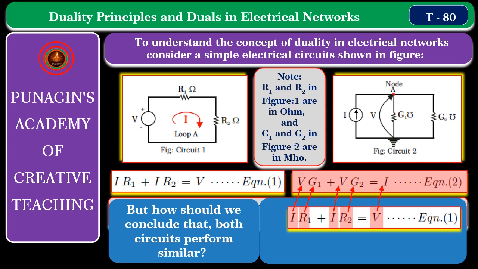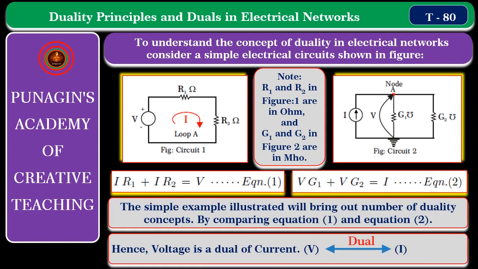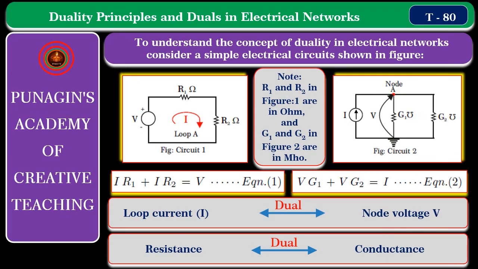Such parameters are called duals, and hence we can conclude that voltage is a dual of current and vice versa. Similarly, the loop current I is a dual of node voltage and resistance is a dual of conductance.